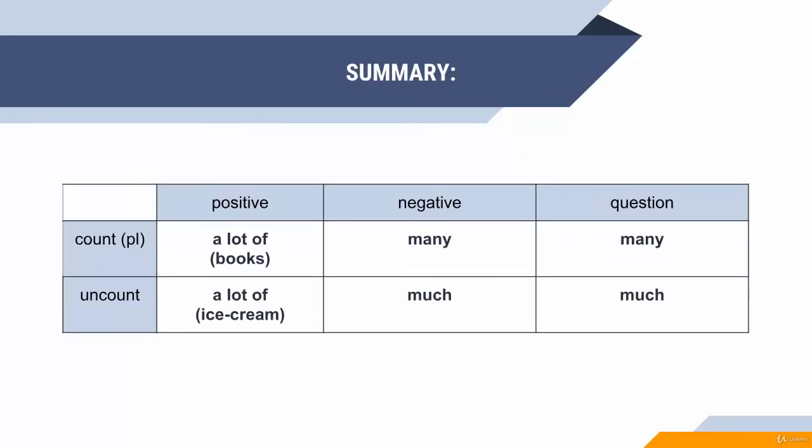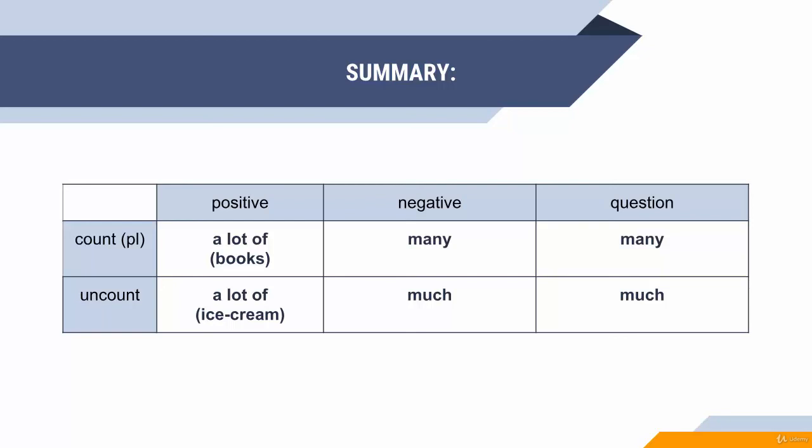Let's look at everything we have spoken about in one chart. So the first important thing to understand is if the noun is countable or uncountable. What the basic rules are, you know. If you have forgotten something, just go and watch the previous videos. When there is a positive sentence, you use a lot of. It doesn't matter if the noun is countable or uncountable.